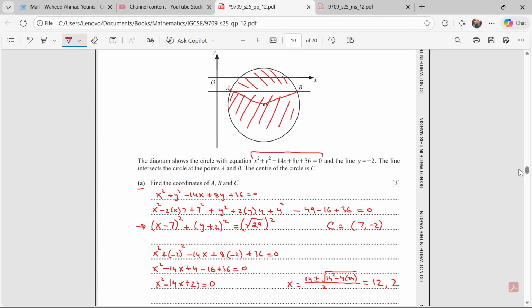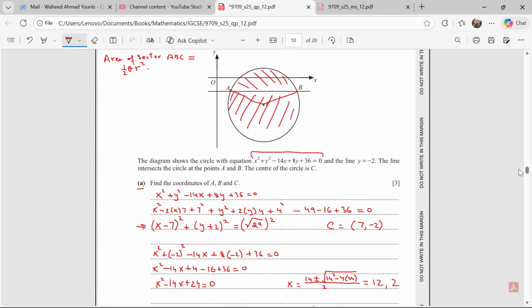So, area of sector ABC. This area is equal to, remember, the area of the sector is half theta r square. Theta is in radians.